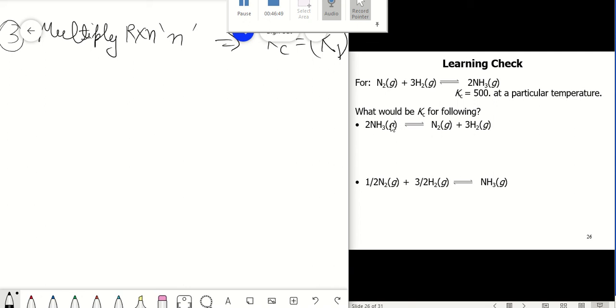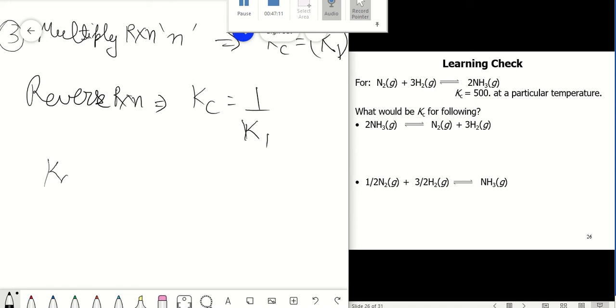Yes, the reaction we want to calculate Kc for is just the reverse of the top reaction. If it's reversed, remember the rule: Kc becomes the reciprocal. The top reaction Kc is 500, so the new Kc for the bottom reaction is going to be 1 over 500.